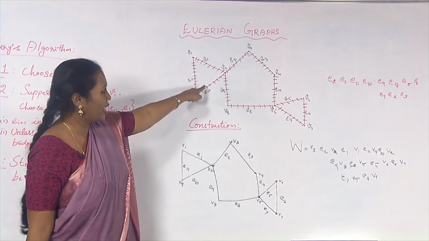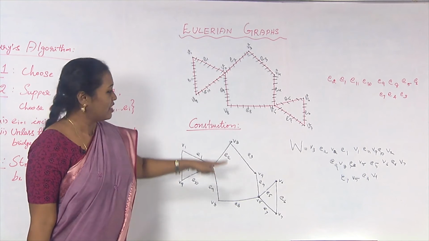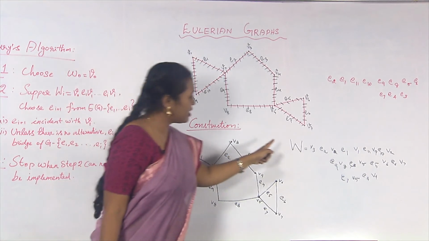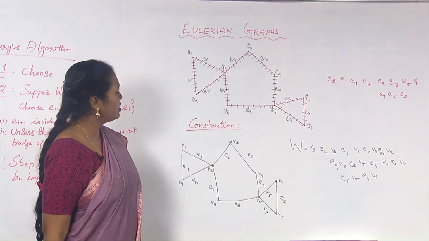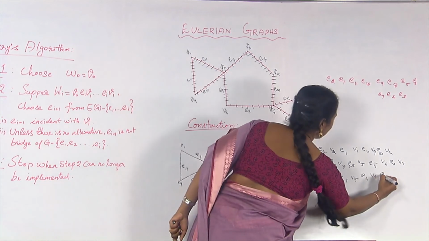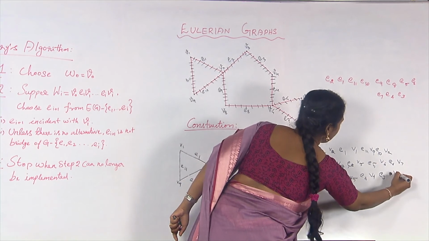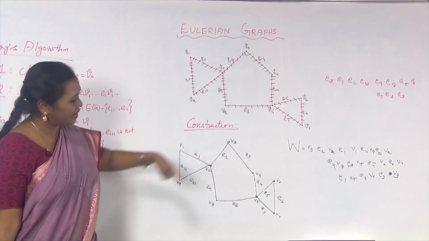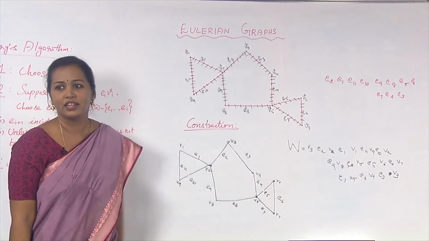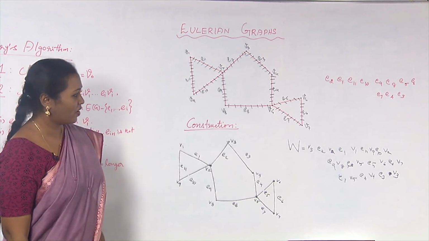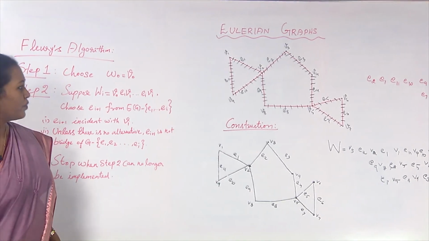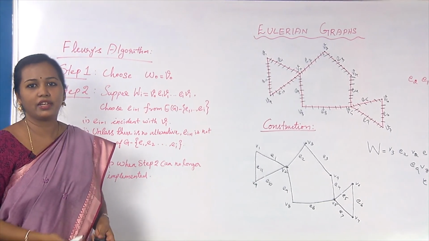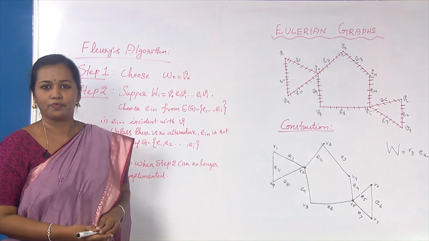We have made a faithful reproduction of the original graph by traversing all the edges exactly once, and we have finished the cycle. So, E3 and V3. We started at V3, we ended at V3. This is a perfectly constructed Eulerian circuit. Therefore, Fleury's algorithm is a wonderful method to create an Eulerian circuit in any graph.